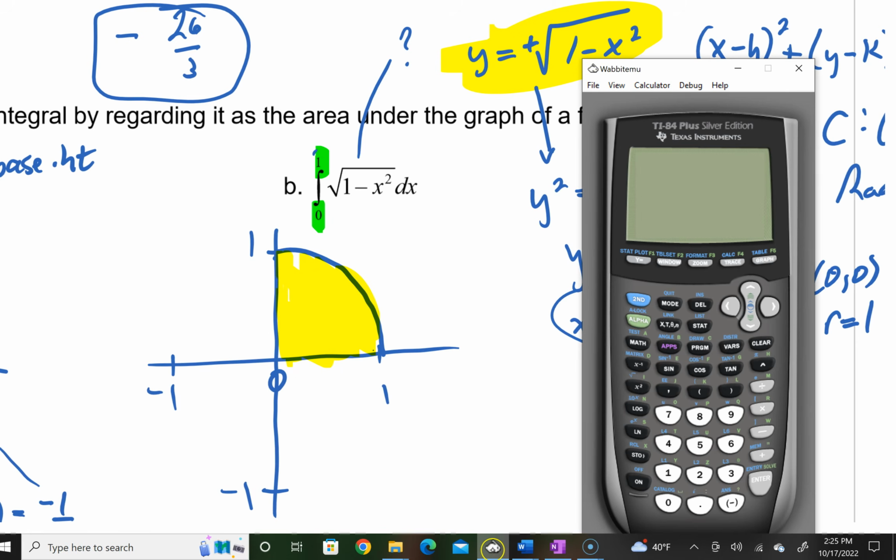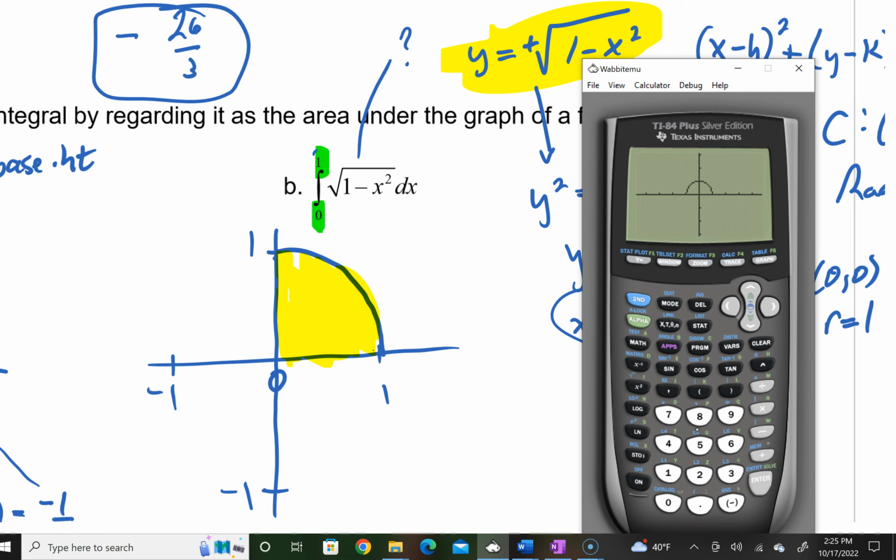And again, just to show you something, I hope that you've seen this time and again. If you went to y equals, and we can just clear this all out and get the square root of 1 minus x squared. And if we just did a zoom decimal, just to get a friendlier window, you could say, hey, Mr. Dobner, what you said is wrong.